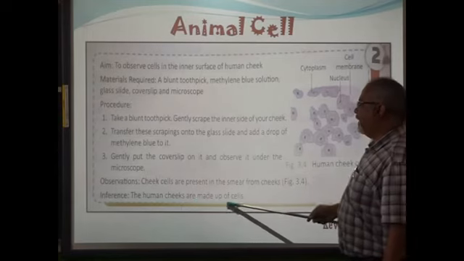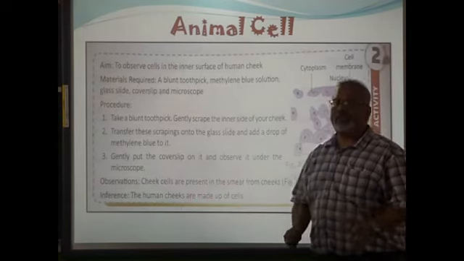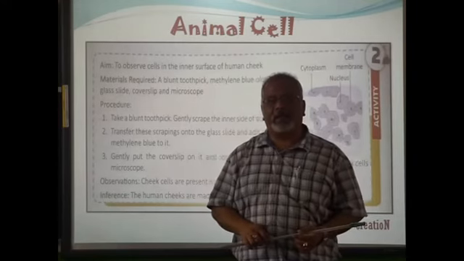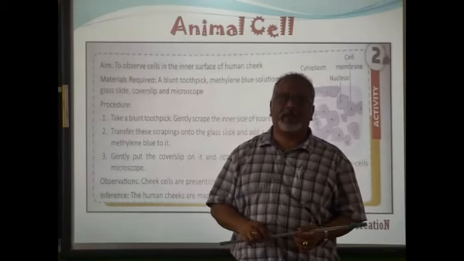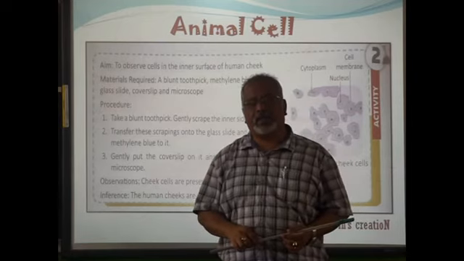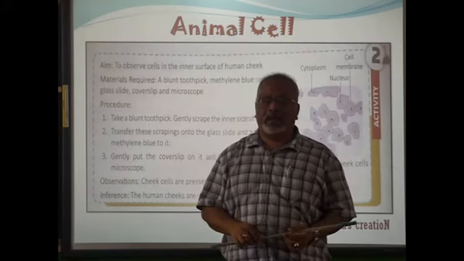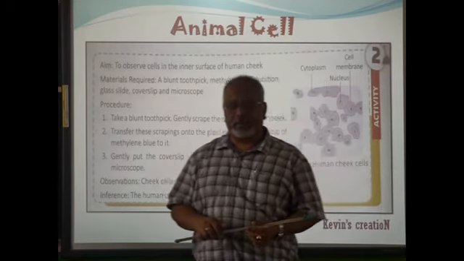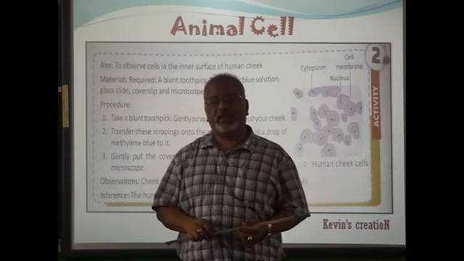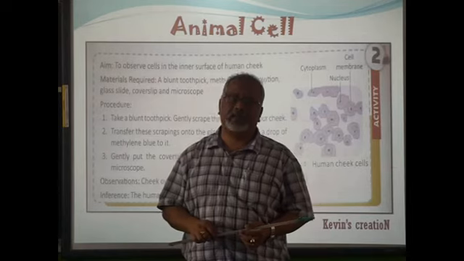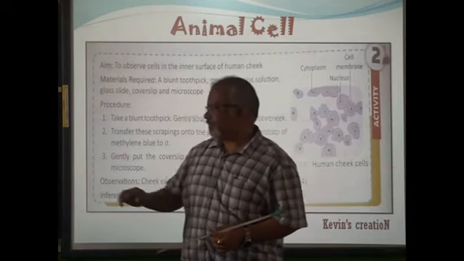The human cheek is made up of cells. So ultimately what is proved is that whether it is a plant or an animal, all are made up of cells. And cells are the basic structural and functional unit of life. Though they may vary in shape and size, basically they are the same. Their structure is the same, their components are the same.